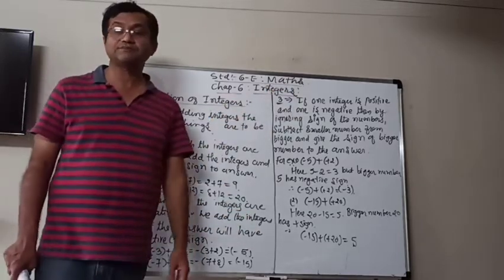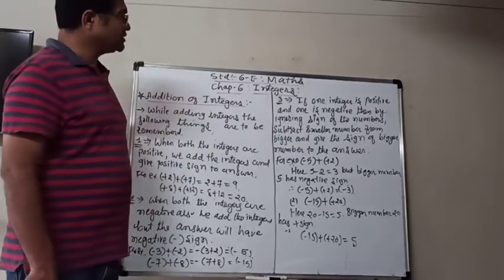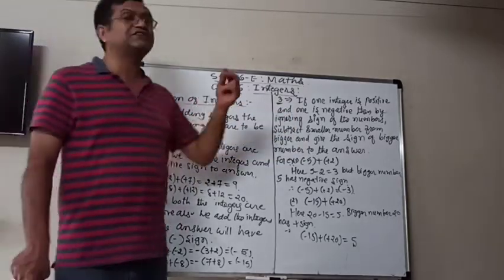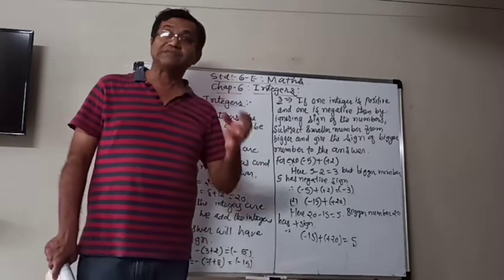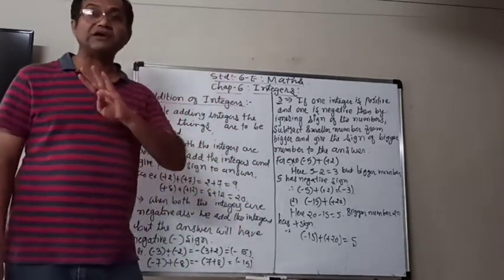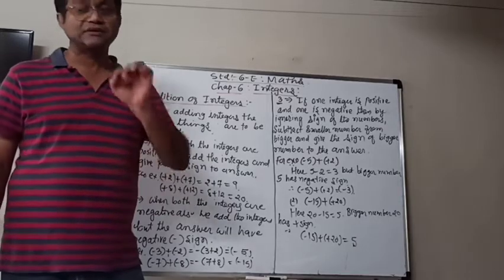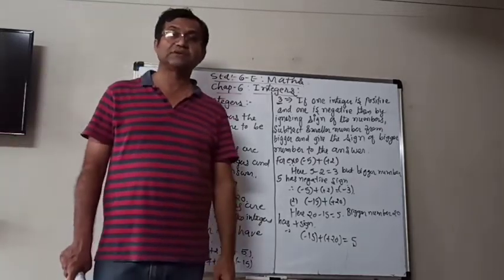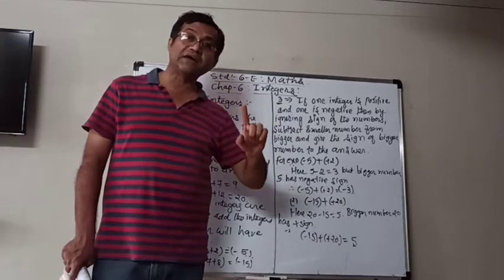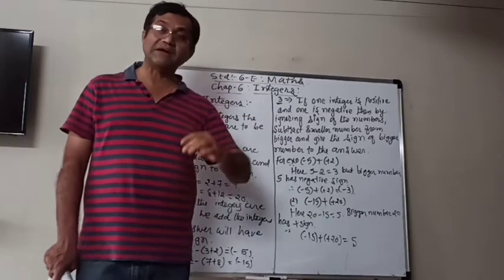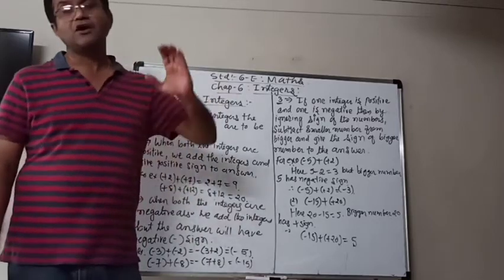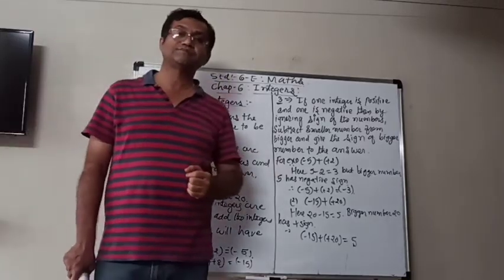Now the third one. In the third one, if one of the integers is positive and the other is negative, then we have to ignore the signs first. And then here we have to do the subtraction, by subtracting the smaller number from the greater number.